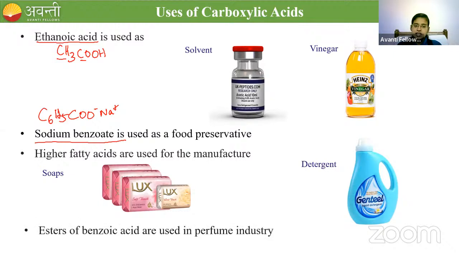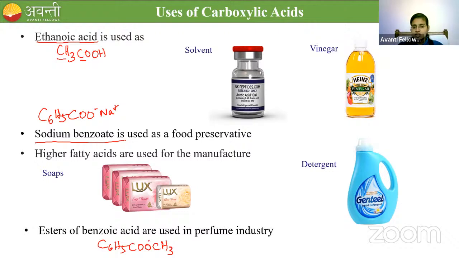And finally, the esters of benzoic acid. Benzoic acid is C6H5COOH. If I replace the hydrogen by some other alkyl group, for example, if I take CH3, this is the ester of benzoic acid. RCOOR'.